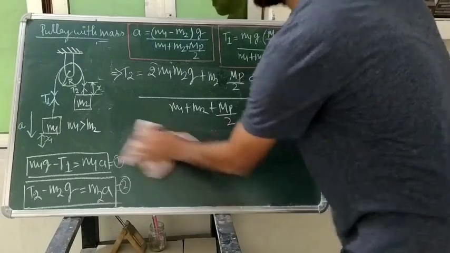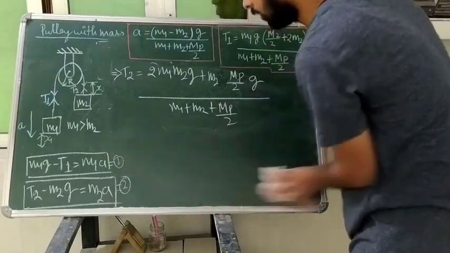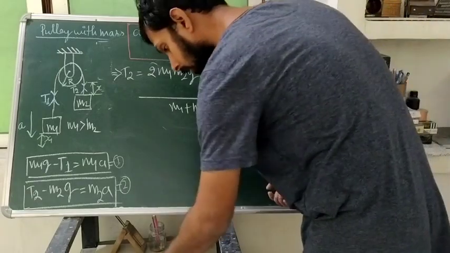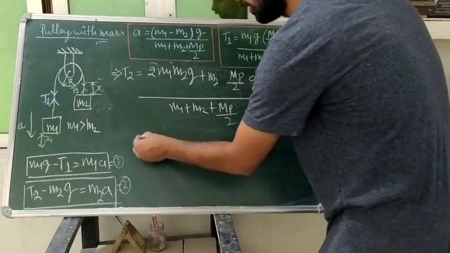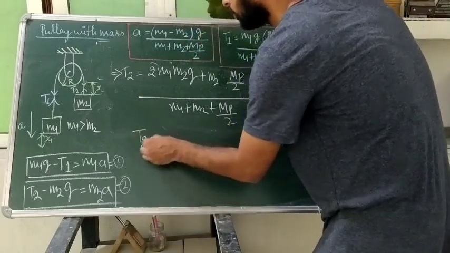So what can you think to take common from here? You can think to take as your common T2 as equal to what?